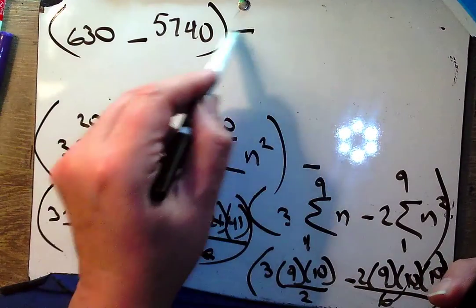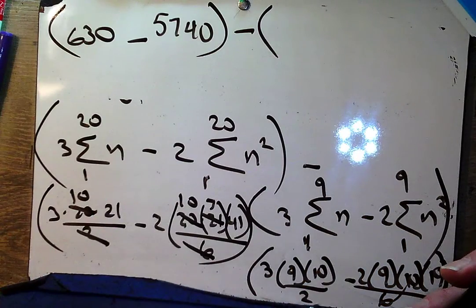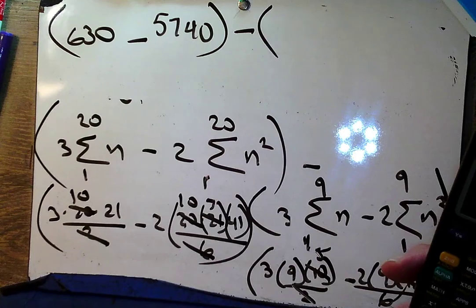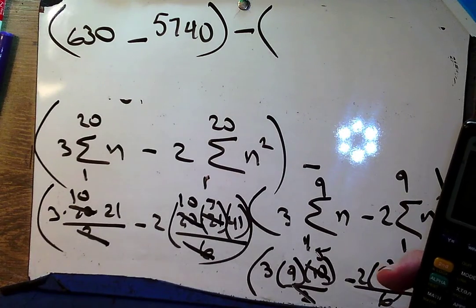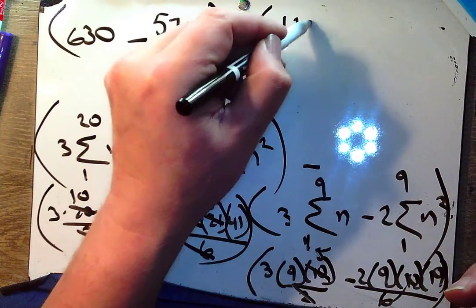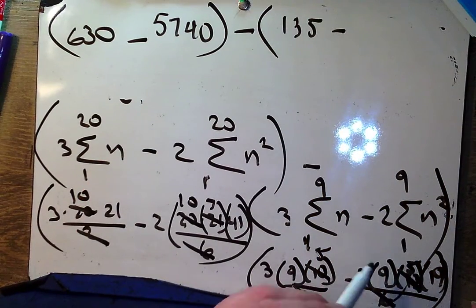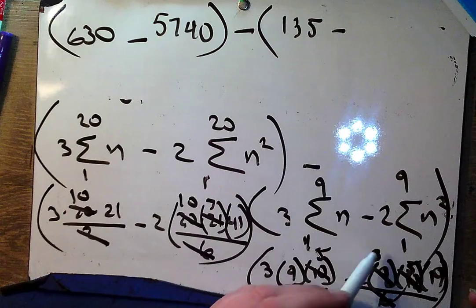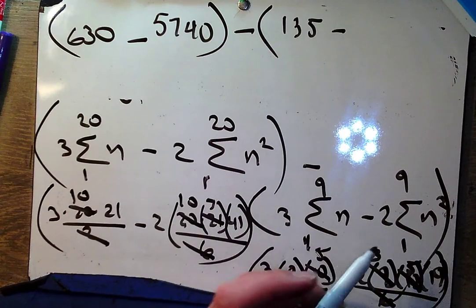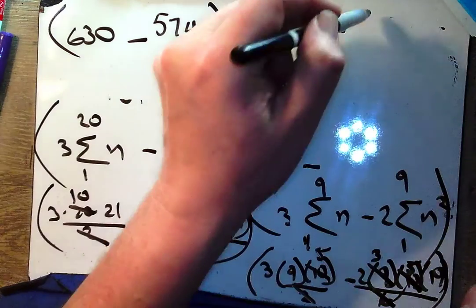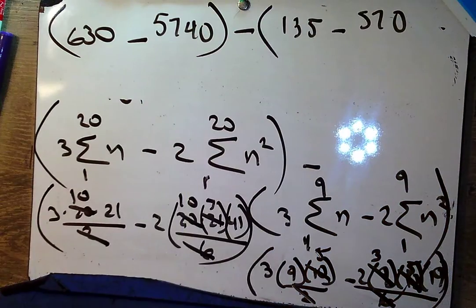And we're supposed to subtract from that 45 times 3, which I think is 135, minus, took a 2 out of there and a 3 out of there, so 6 times 5 is 30 times 19, and I get 570.